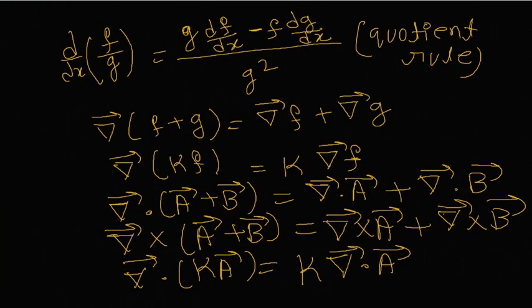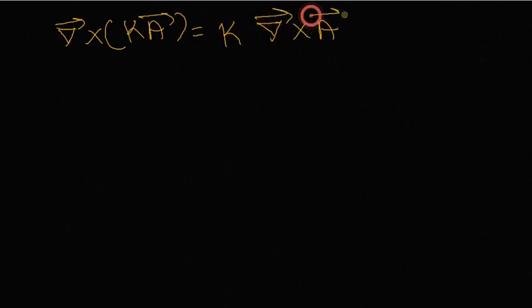If we take del cross kA vector, that will be k outside, del cross A vector.